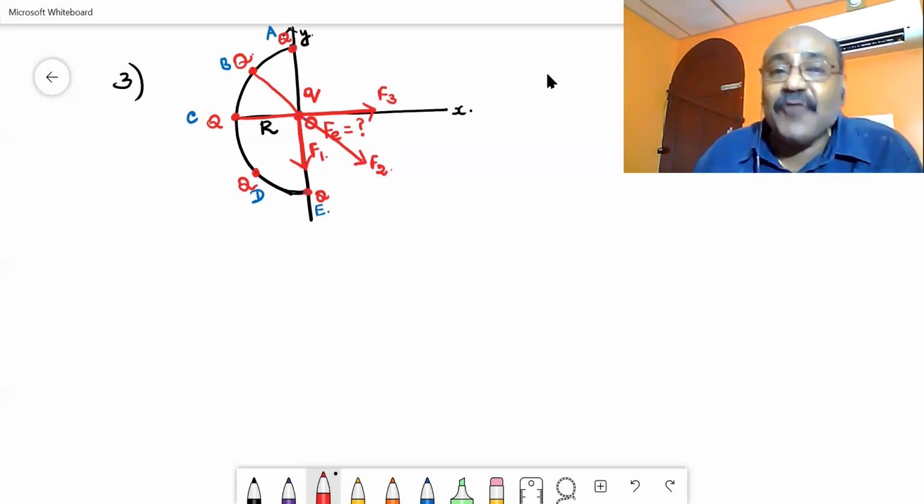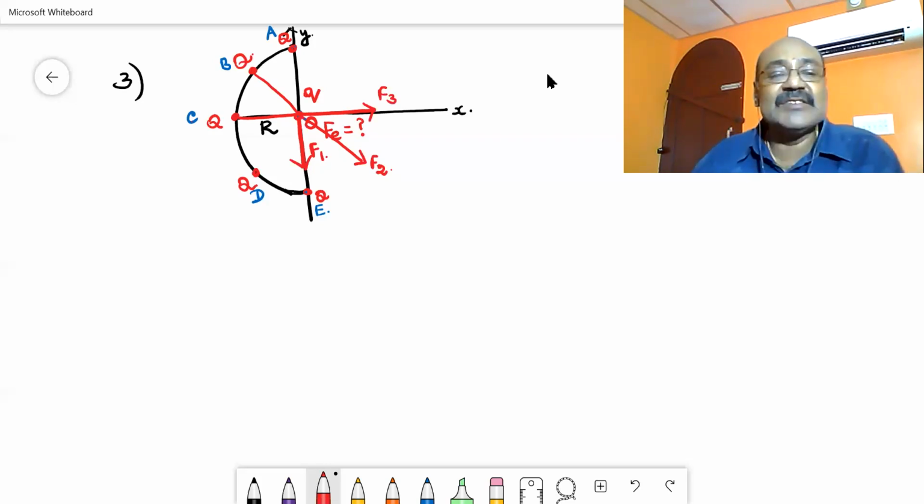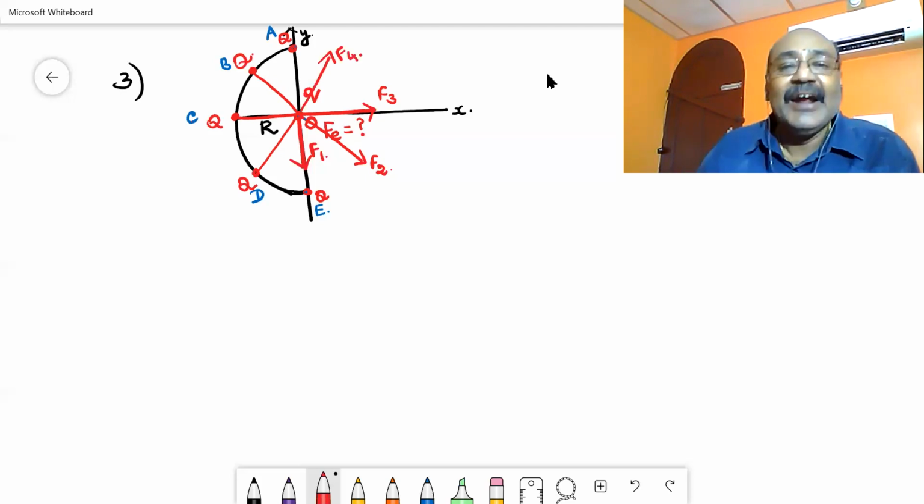The fourth charge, placed at the position D, exerts a force on the point O where the small charge q is placed, and the force acts along this direction; let us represent it as F4. And due to the charge Q at E, the force experienced by the small q at O acts along the line joining, in this direction. Let us consider that as F5.